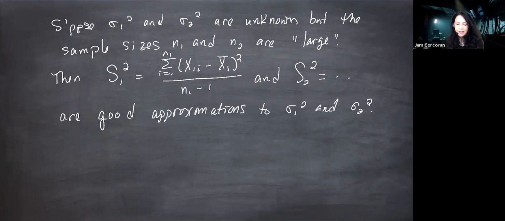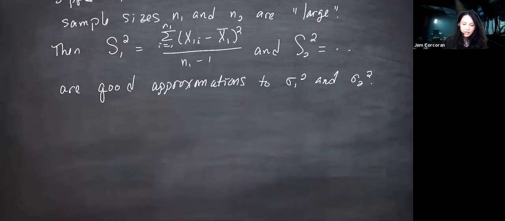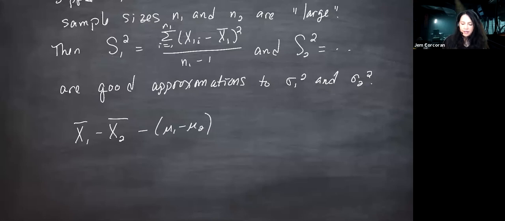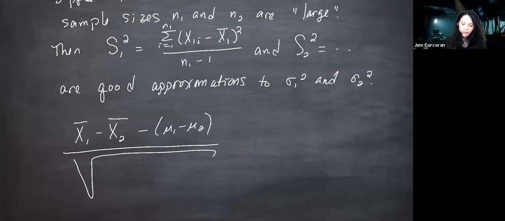Because if you're using S1 squared and S2 squared, then you're going to take your difference in sample means and standardize them by subtracting the mean and dividing by kind of a sample version of the standard deviation.